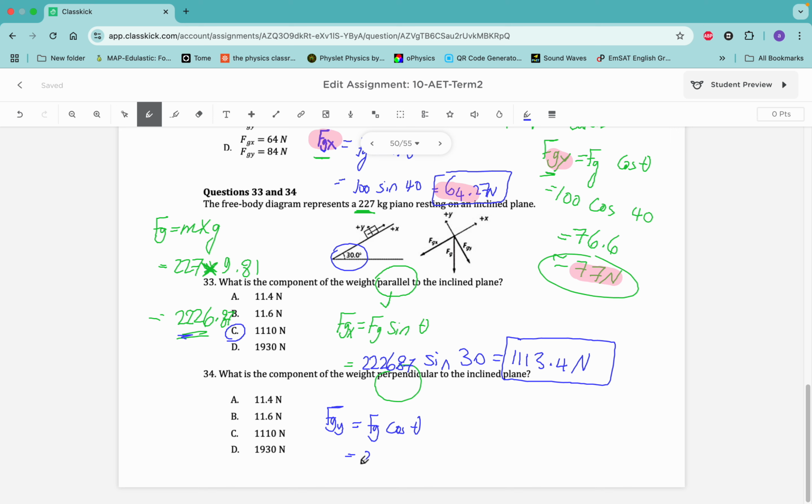Same Fg, 2226.87 times cosine 30, gives 1928.5. So this is the closest answer.